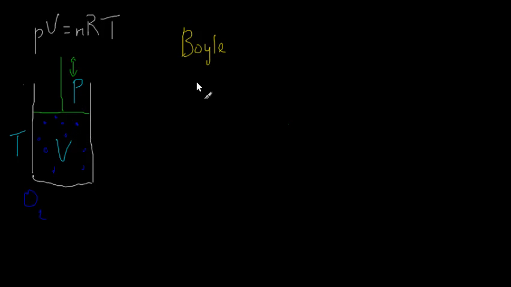What Boyle did was this: he kept the temperature fixed. So the temperature in his experiment was constant. Maybe he did not do very much, just did not heat it, left it at room temperature and slowly increased the pressure.